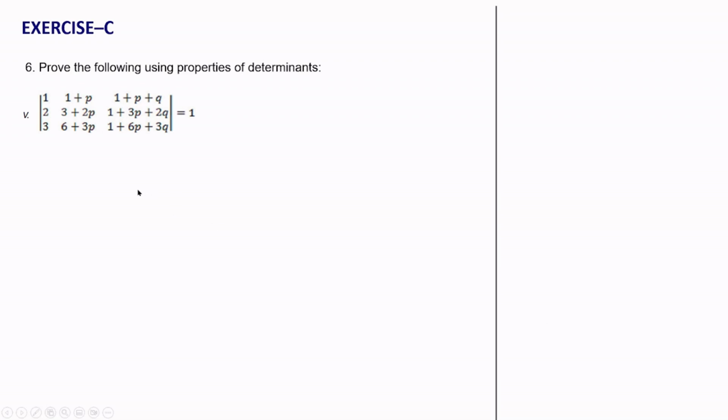Next question, we have to prove that determinant of 1, 1 plus p, 1 plus p plus q, 2, 3 plus 2p, 1 plus 3p plus 2q, 3, 6 plus 3p, 1 plus 6p plus 3q. This is equal to 1. So here let us apply R2 changing to R2 minus 2 R1 and R3 changing to R3 minus 3 R1.